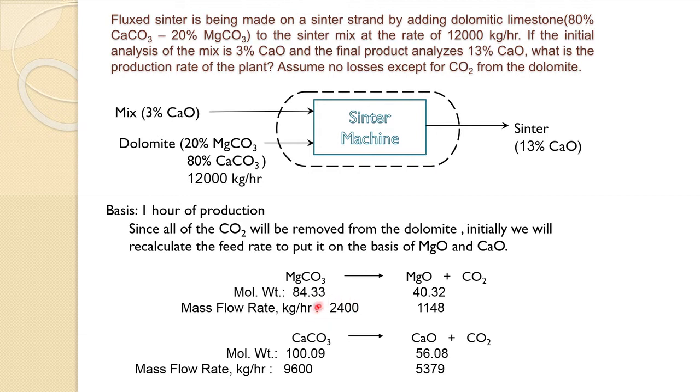So, really that will give you about 2400 kg per hour input of the magnesium carbonate, and the equivalent MgO which one will expect is about 1148 kg. Similarly, we can do the calculation for calcium carbonate dissociation, and all lime goes into the sinter. So, the mass flow rate of calcium carbonate, 80% of this, will be 9600 kg per hour, which will give you 5379 kg per hour lime.